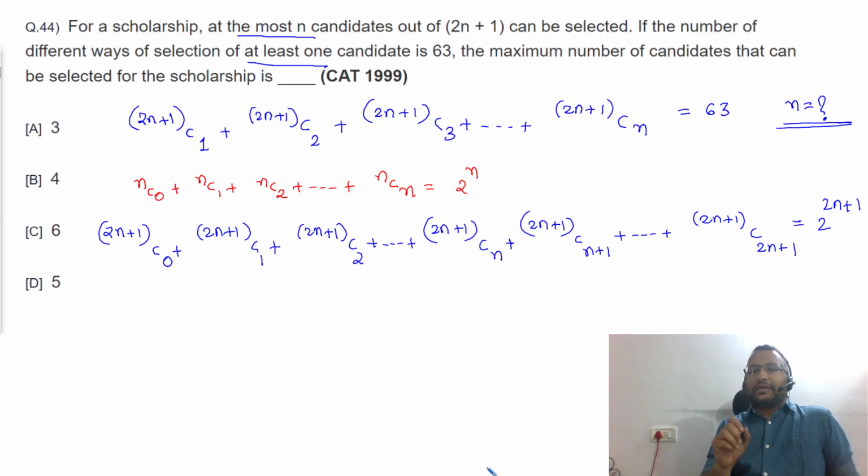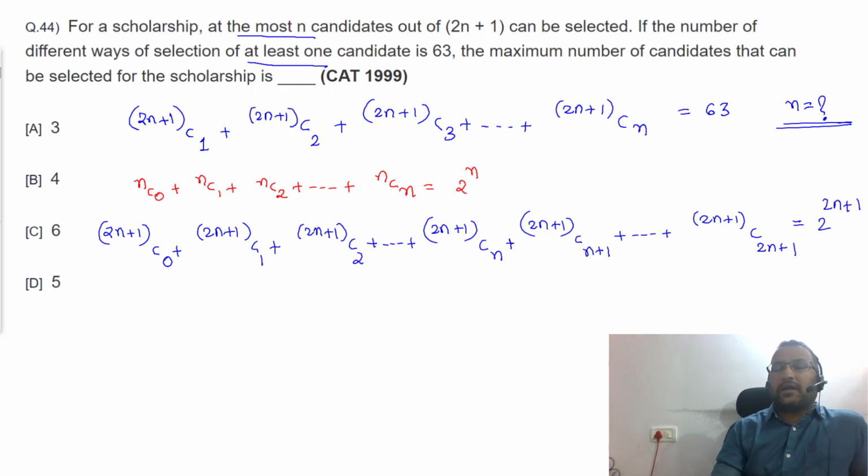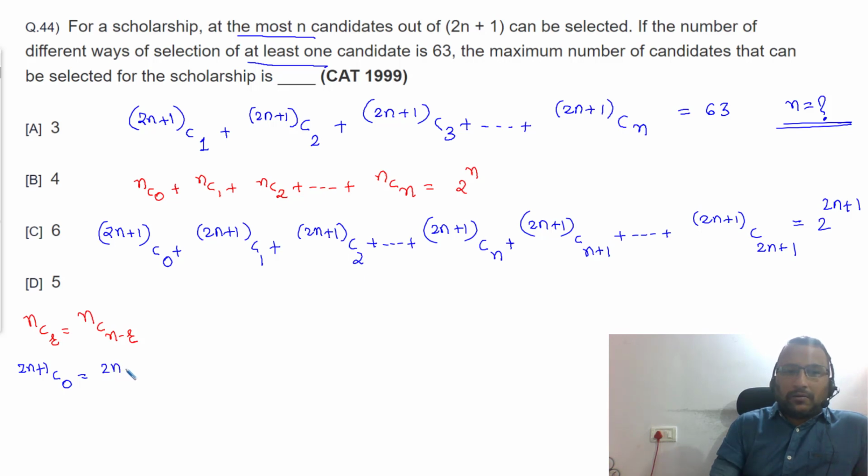So over here, let's understand one thing. One more formula that we are supposed to use here is that the value of nCr is equal to the value of nC(n minus r). So what can you conclude here, everyone? The value of 2n plus 1 C0 is equal to the value of 2n plus 1 C(2n plus 1).